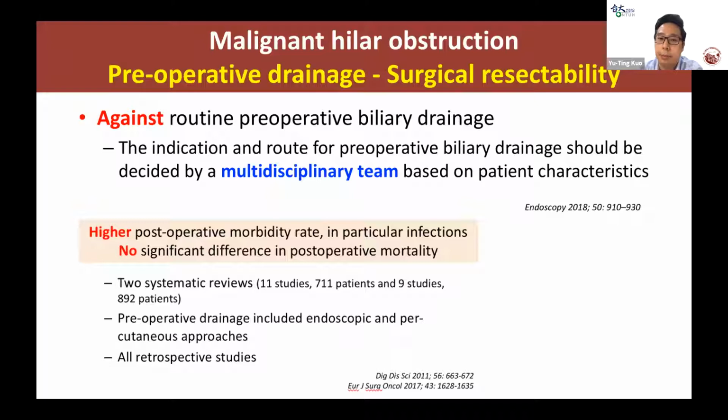It depends on the patient, because if you perform pre-operative drainage, no matter percutaneous or internal drainage like ERCP, some morbidity rates have been reported in some meta-analyses. So the ESGE guideline does not suggest routinely performing pre-operative drainage.